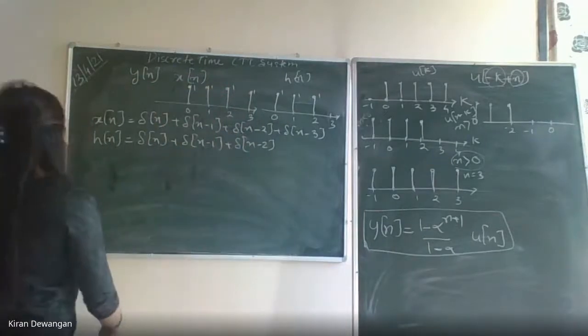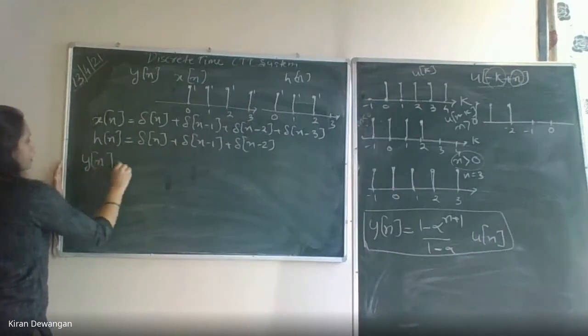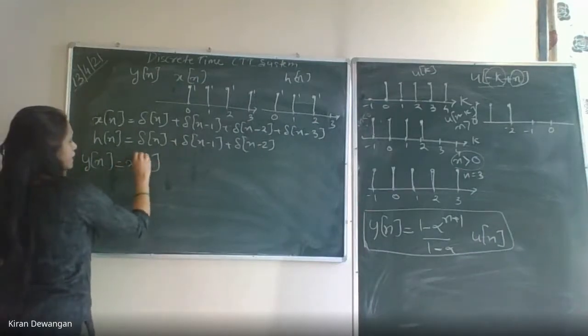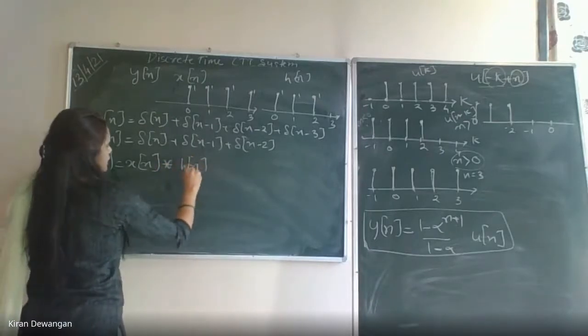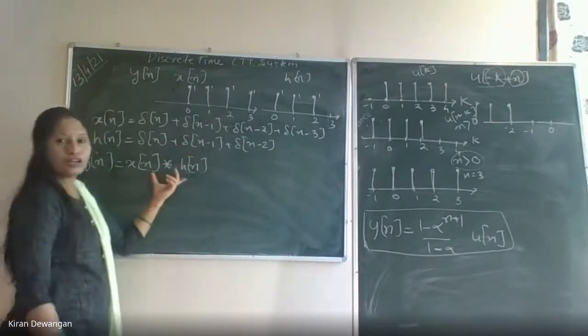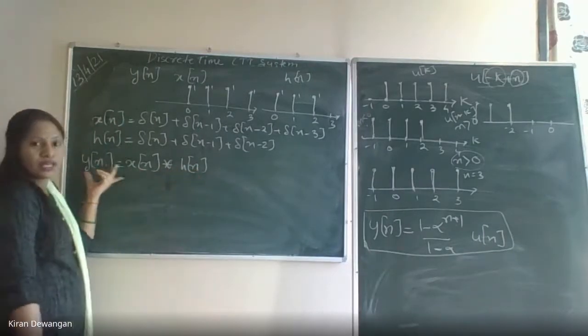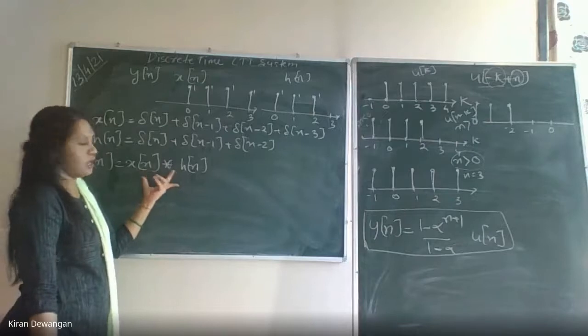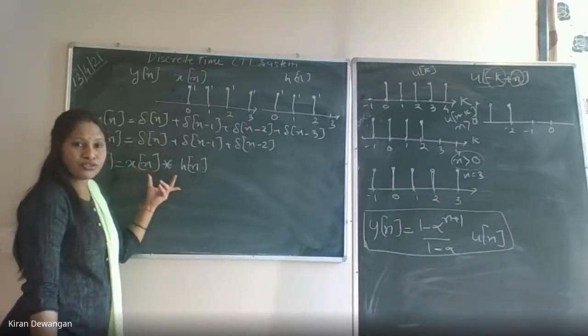Now let us see if we have to find y of n. What is it? It's x of n convolution hn, right? That is what is our y of n. If we directly do not go into the formula, the basic thing that we know is it is x of n convolution hn.